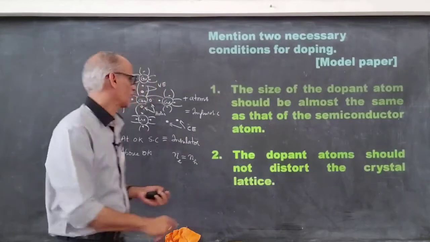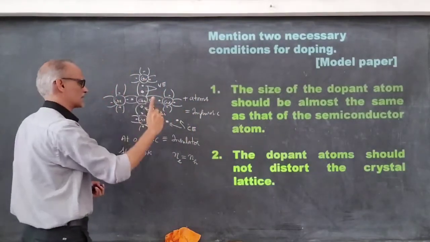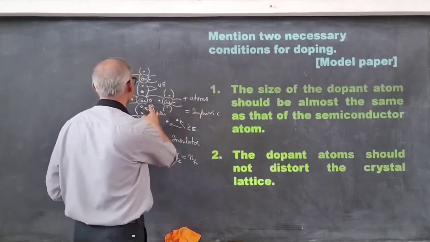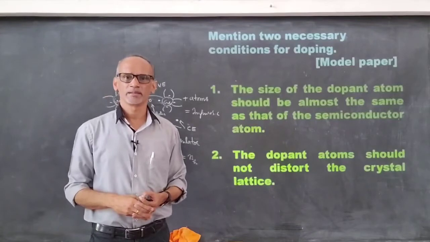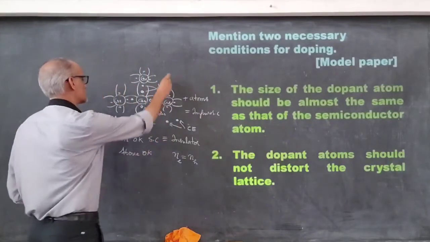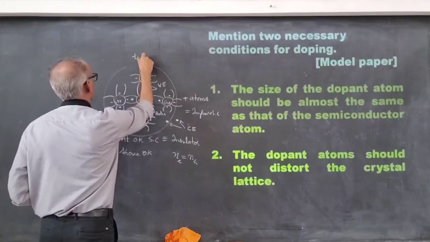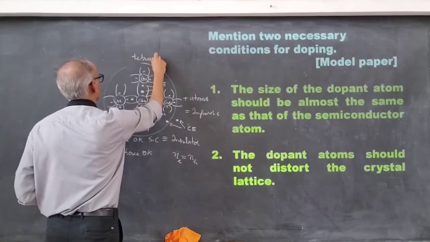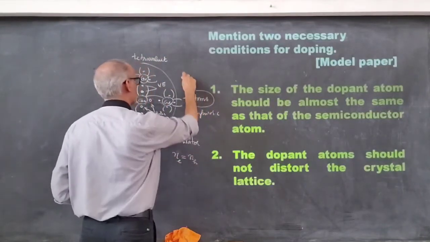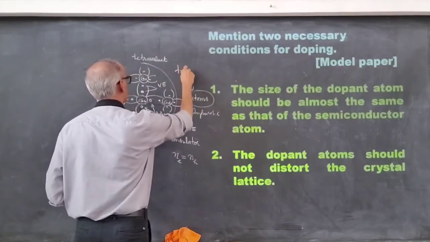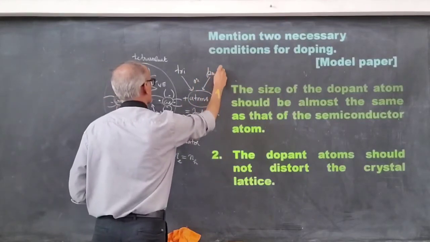So condition number one, the size of the atoms that we add must be comparable with the size of the semiconductor, and second, by adding atoms, there shouldn't be any change in the lattice structure of the semiconductor. And since the semiconductor is tetravalent, the atoms that we add should be either trivalent or pentavalent.